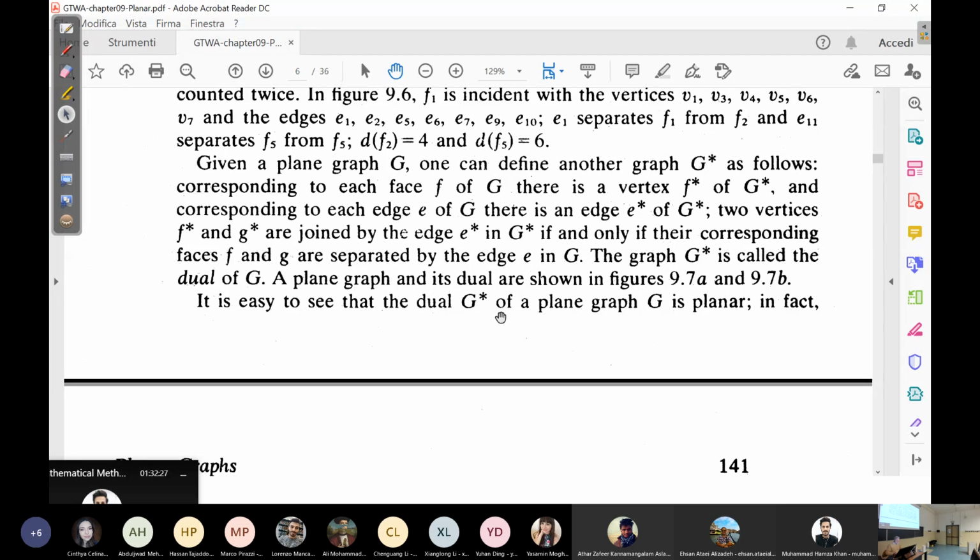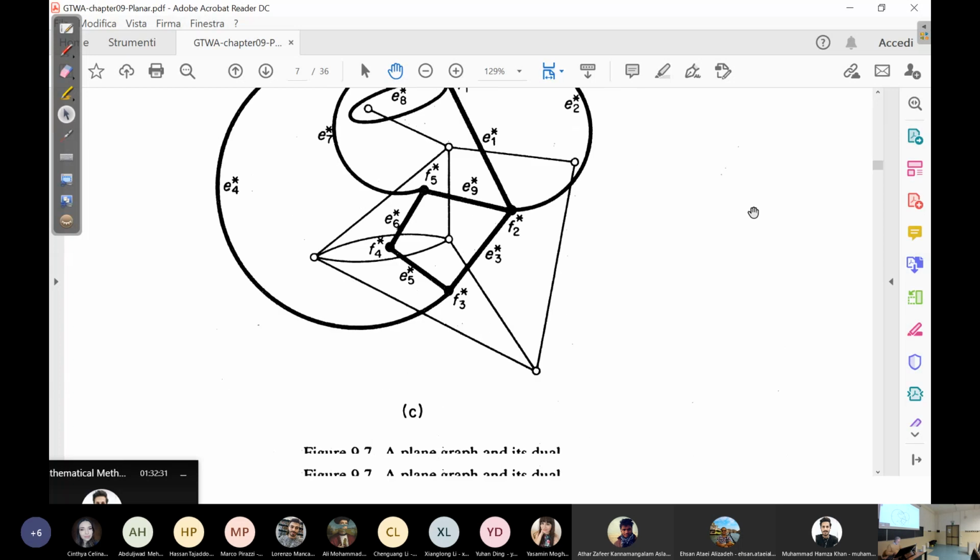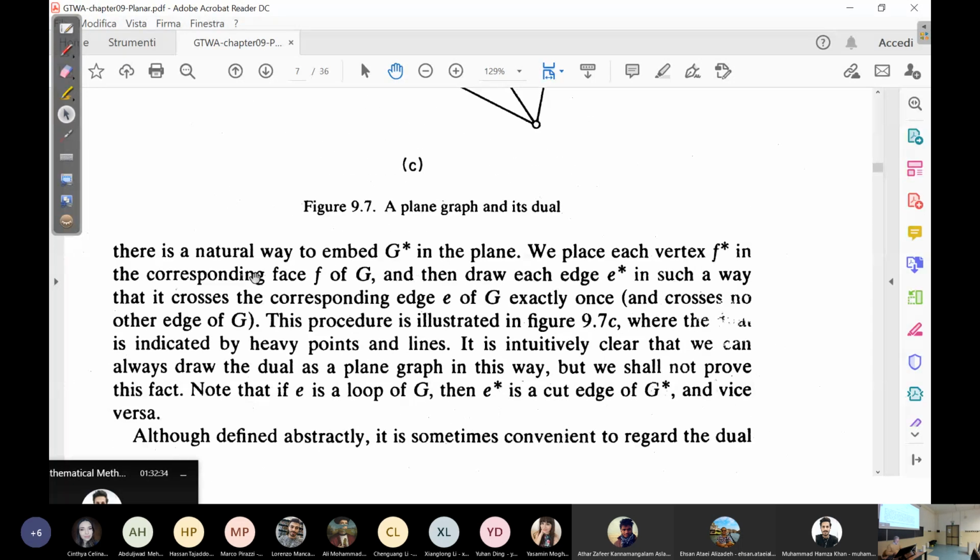It's easy to see that the dual G star of a plane graph is planar. In fact, there is a natural way to embed G star in the plane, and it is what we have just seen.